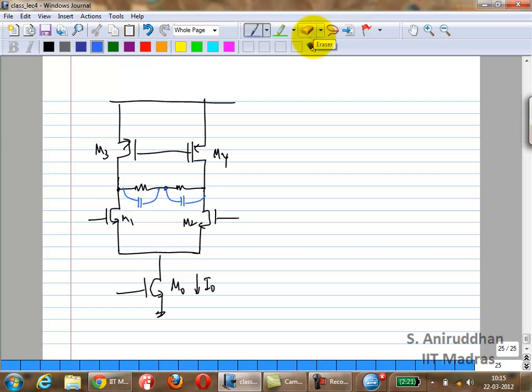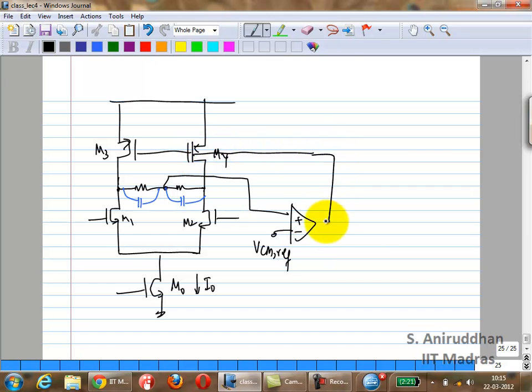Now let us say you want to go back to the old structure where you have generated this voltage. You want to send it through an amplifier and generate this. What would you use for this amplifier?